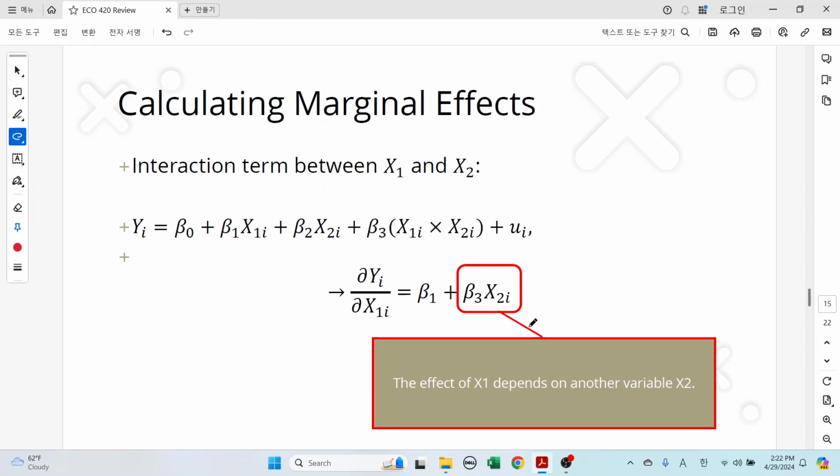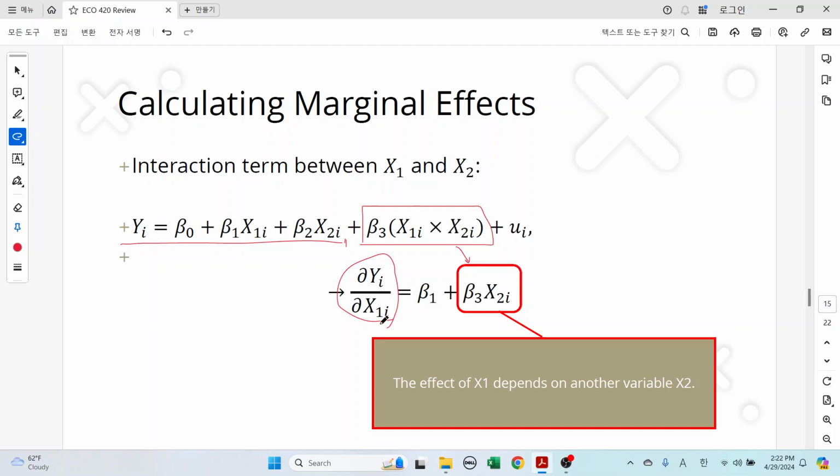Finally, the interaction term is like this. You multiply two variables, x1 times x2 is included, right? Up to this point it is standard linear regression, but we allow their interaction. That means the marginal effect will include this term. If you differentiate this term, you get this as a derivative.